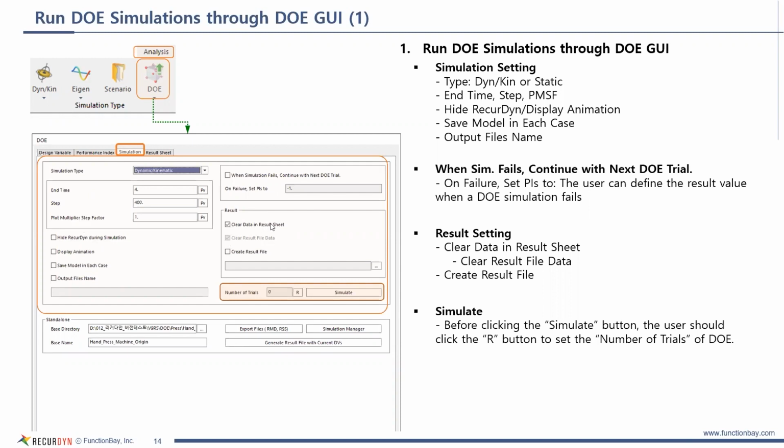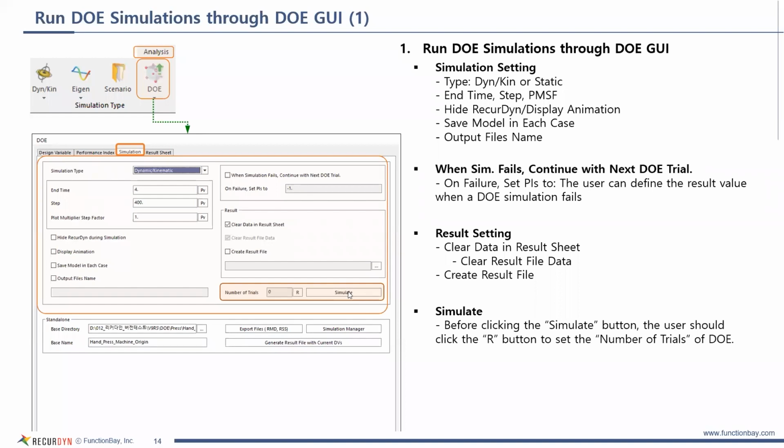And then some of these are a little bit more specific to the DOE simulations, where you have the option, if one of the simulations fails for any reason, you can set the performance indexes to whatever value you want, like -1 is the example shown here. And then what you would do is click on this R button here, which would update and show you the number of trials that you're going to run once you click the simulate button.